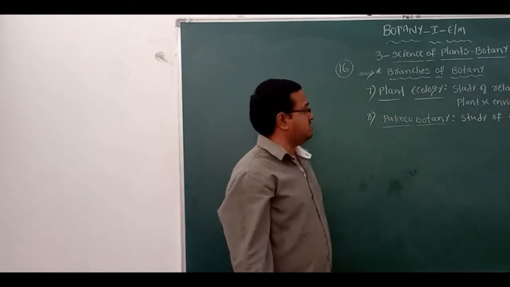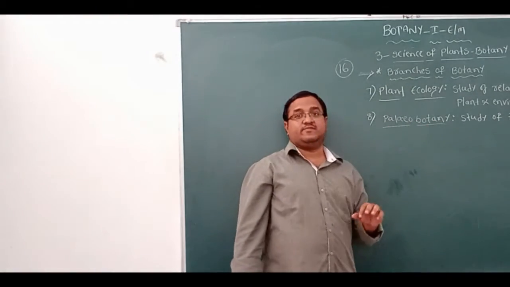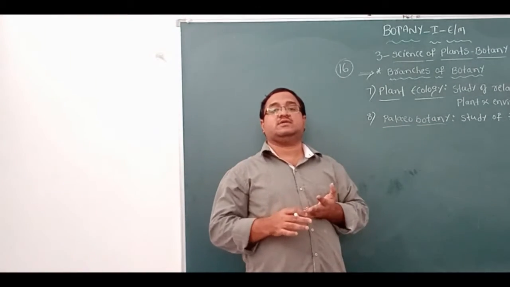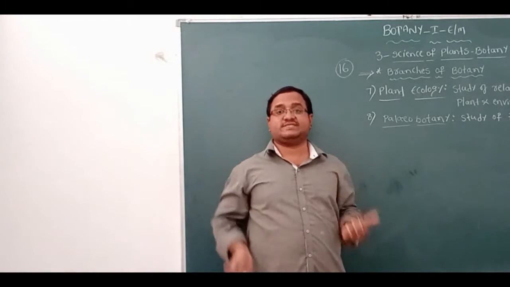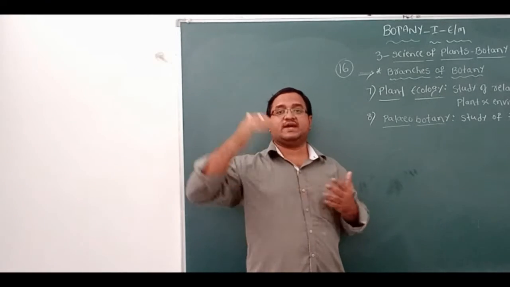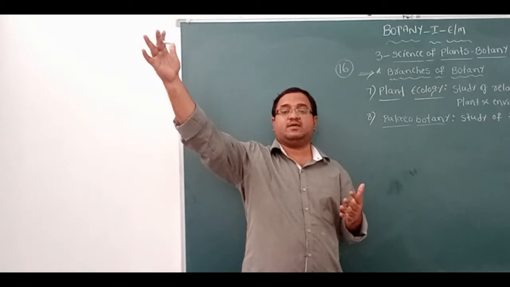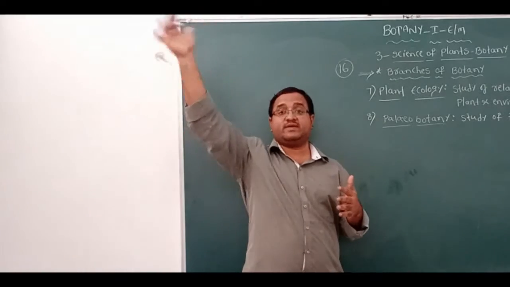With the help of these fossil plants, with the help of paleobotany, we can understand the evolution of the plants. Evolution means changes. What changes are going on? What was the past condition? What about the present condition? What type of plants were there at that time?